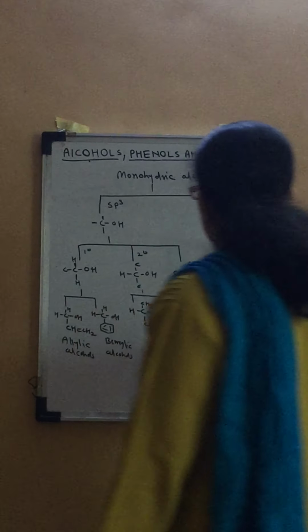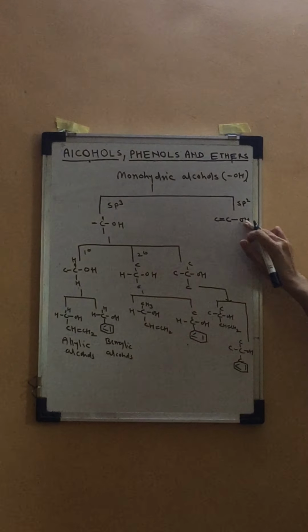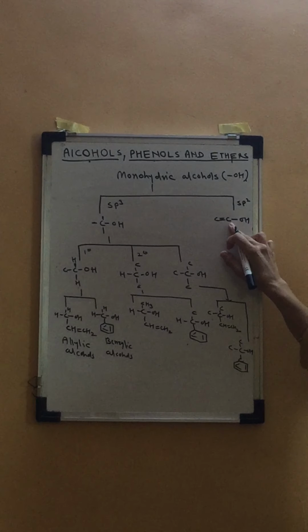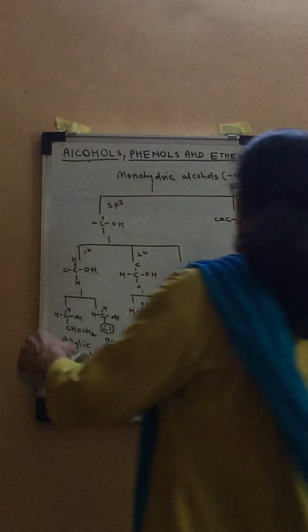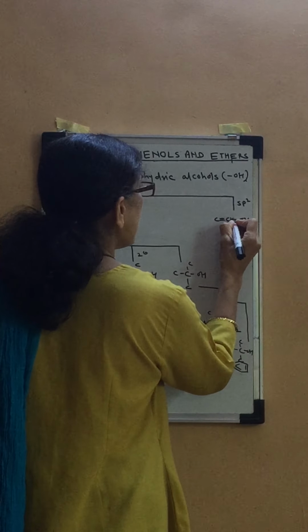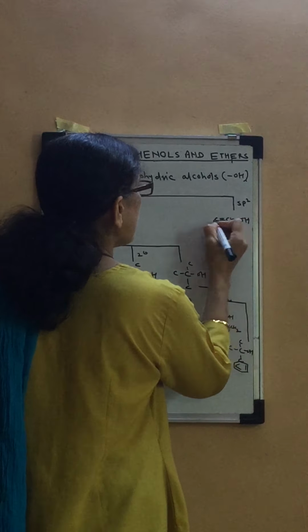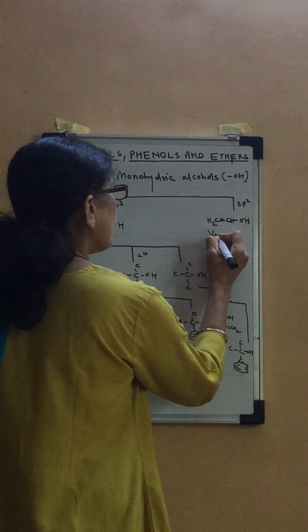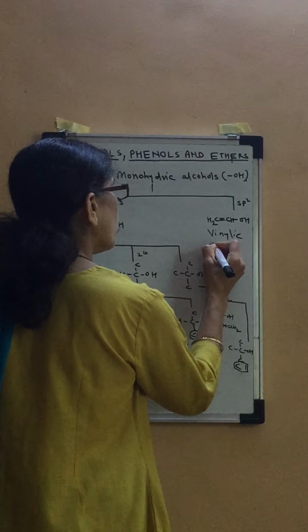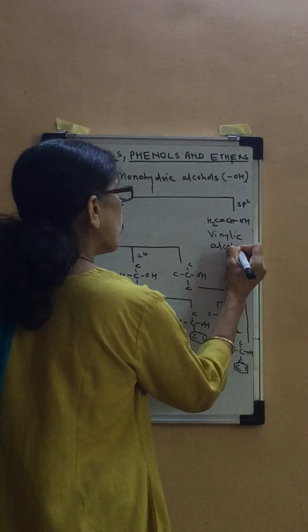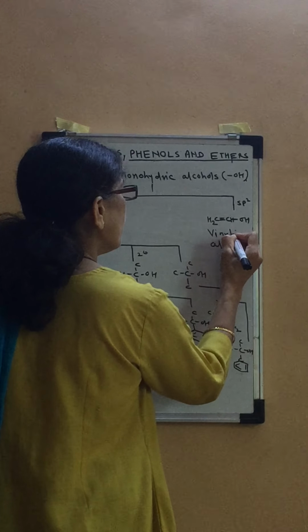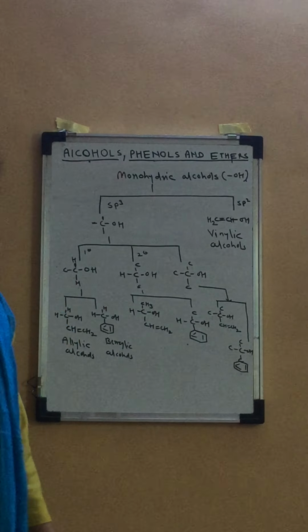Now, one more type. The OH-carrying carbon atom is sp2 hybridized, bonded doubly to another carbon atom, so it becomes CH, CH2, isn't it? They form vinylic alcohols.